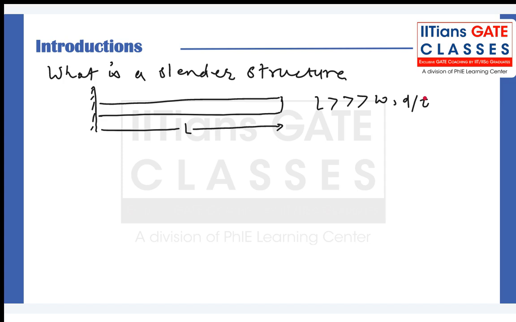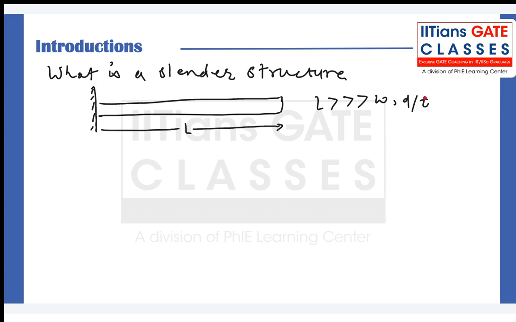What is a prismatic structure? Can anyone tell what is a prismatic structure? Not Mohit, a slender structure is not a tapered shape. Prismatic.